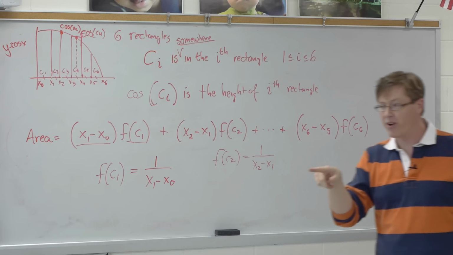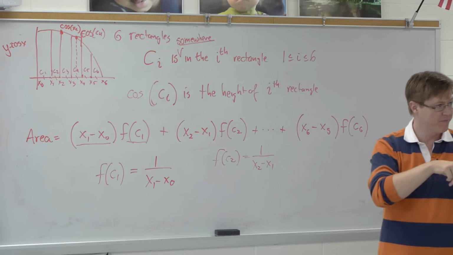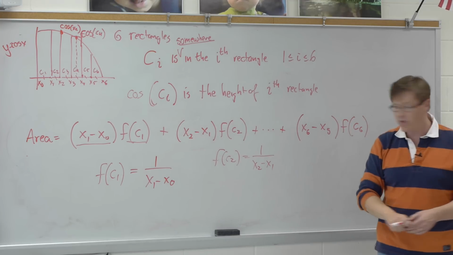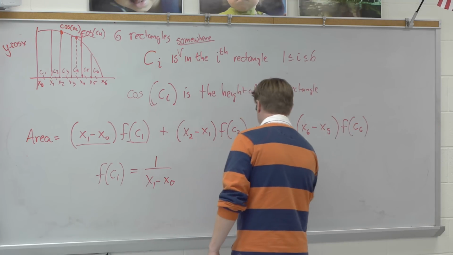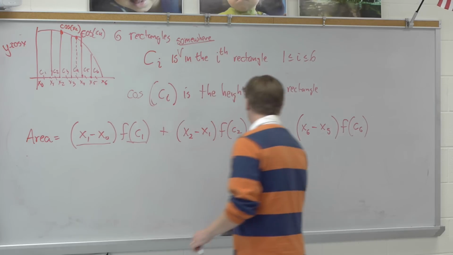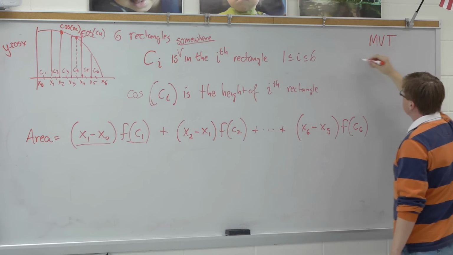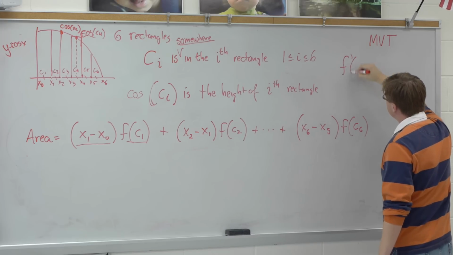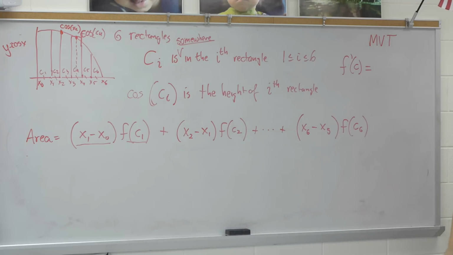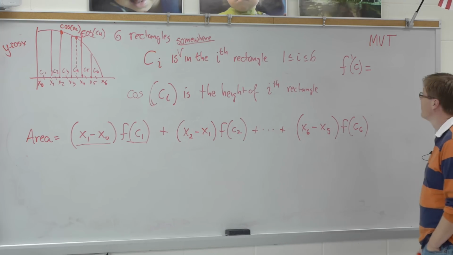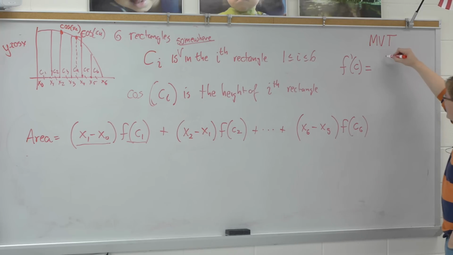And to figure out what that is, I want everybody to write down what the mean value theorem is from chapter 3. F prime of something equals something. F prime of c is f of b minus f of a over b minus a.